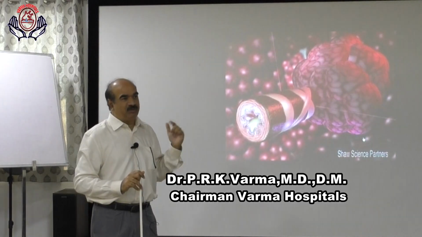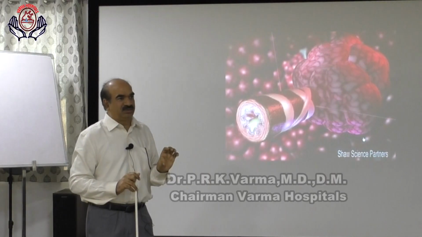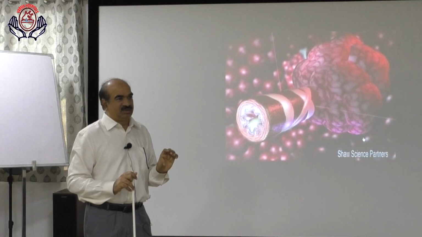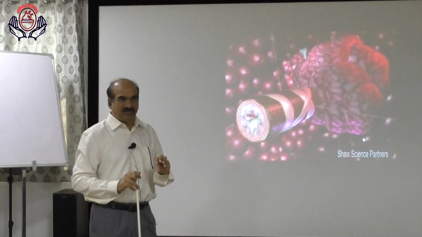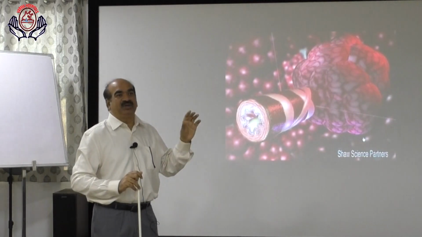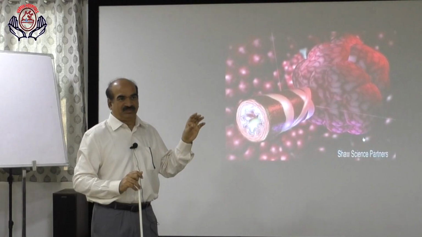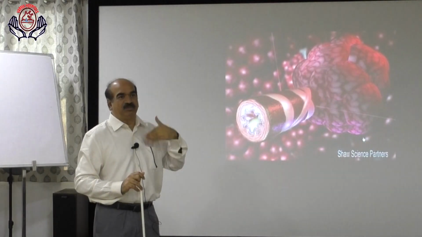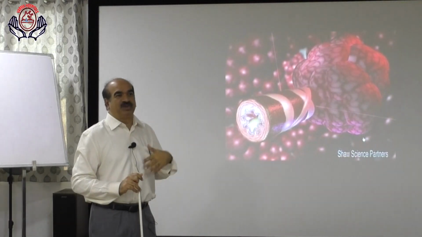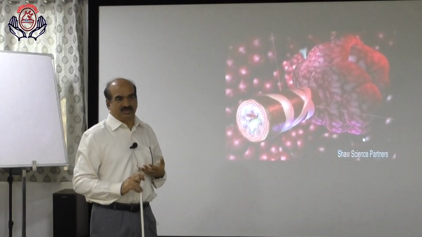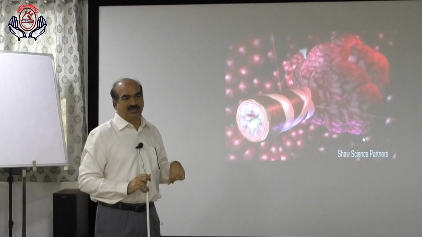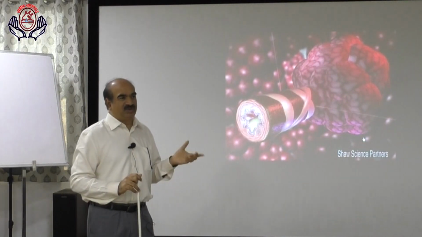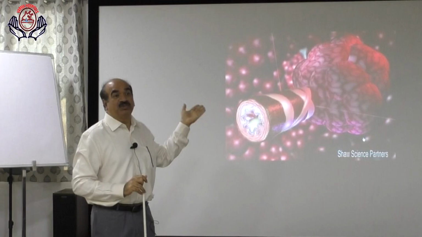The difference between IPAP and EPAP is pressure support. If you set EPAP at 5 and IPAP at 10, during inspiration there will be 10 positive pressure, during expiration 5 positive pressure. The difference is pressure support. What is the difference? 5. That 5 is pressure support with CPAP.